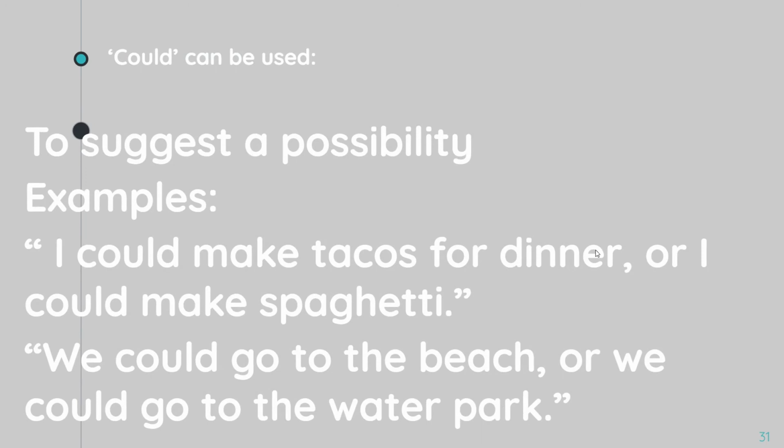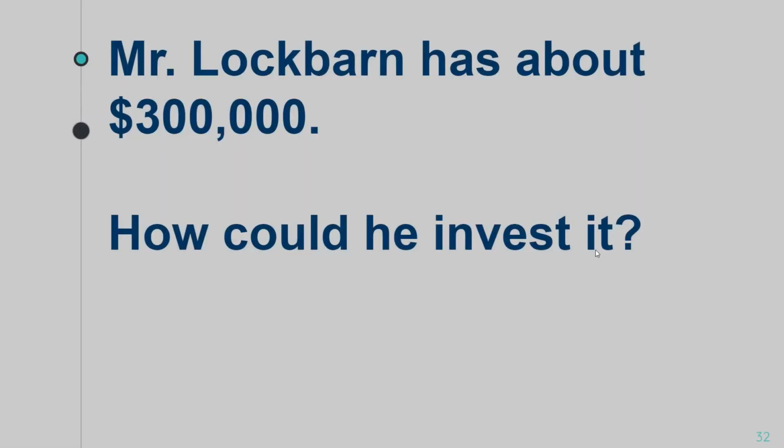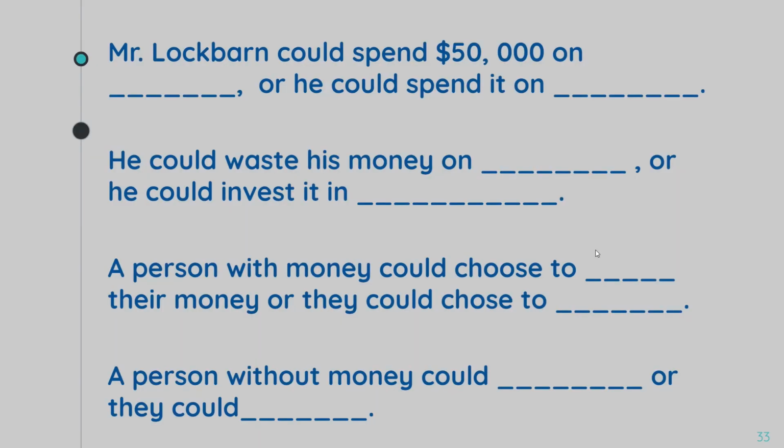Another thing is could. Could is about possibilities. A lot of times we say you could do this or you could do that, right? So it's showing options or possibilities. So Mr. Lockbourne has about $300,000. How could he invest it? There's some sentence frames for you to fill in there.